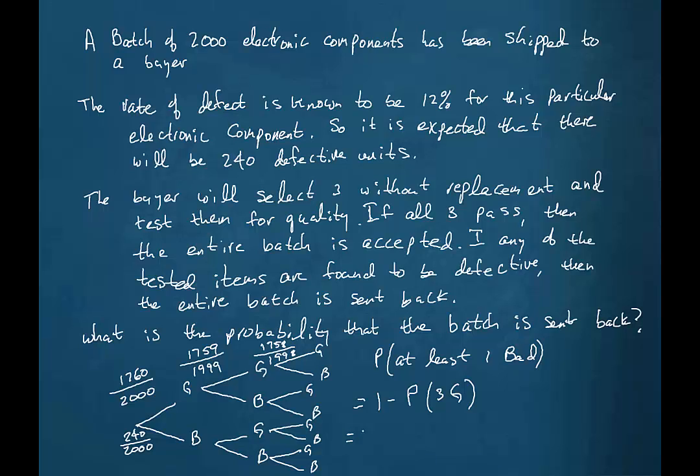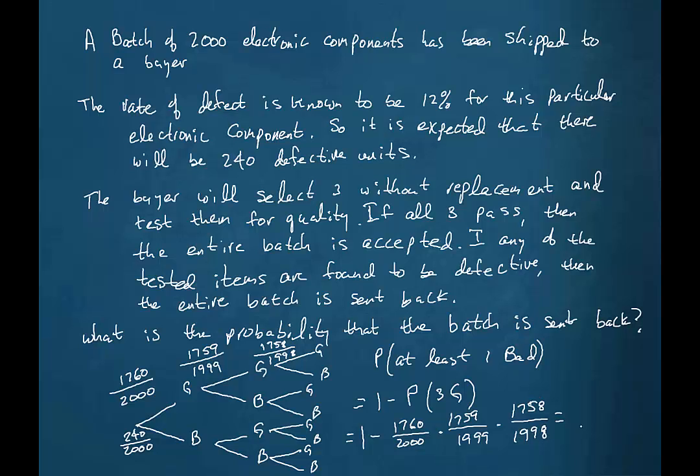So we're going to have 1 minus this probability of having 3 good ones, which again will be multiplying these 3 fractions together. 1 minus 1,760 out of 2,000 times 1,759 out of 1,999 times 1,758 out of 1,998.